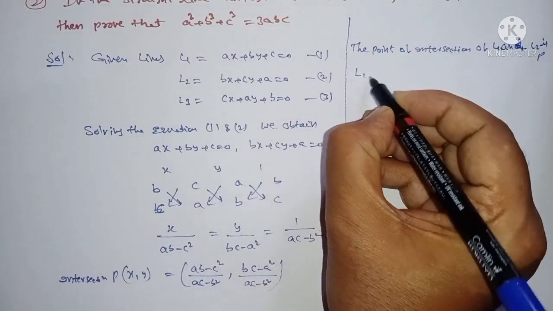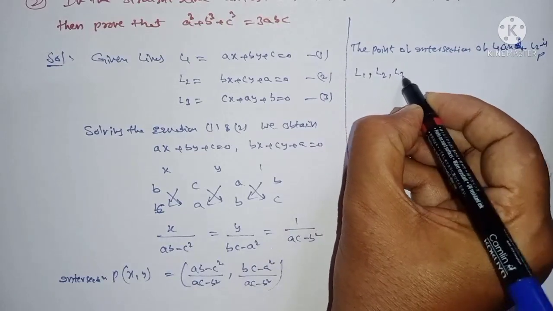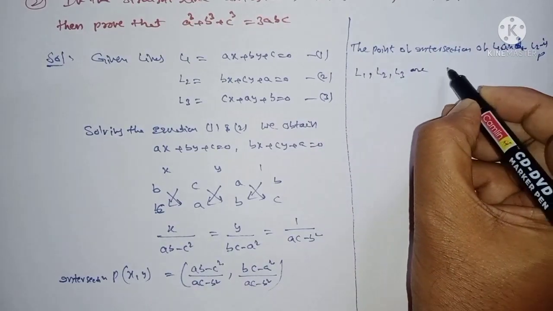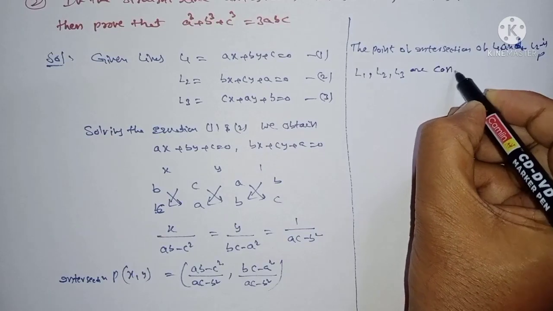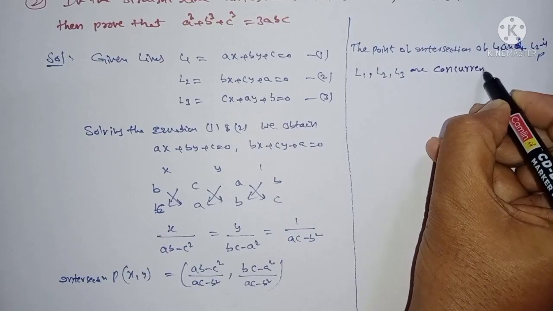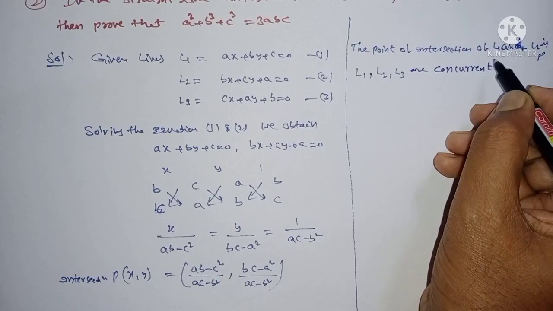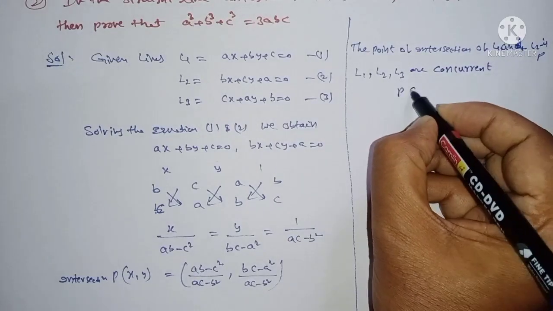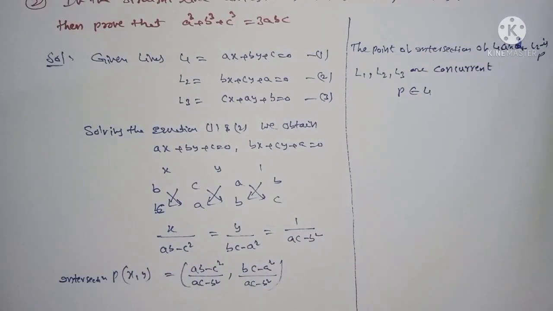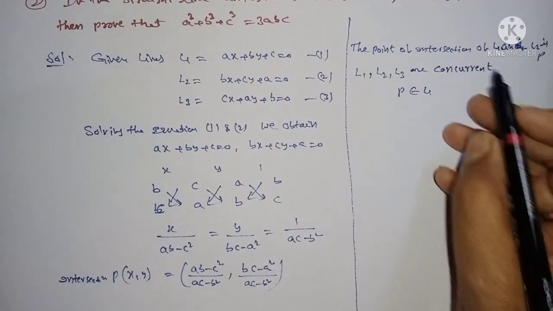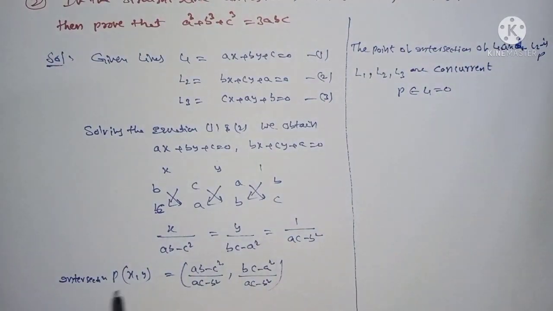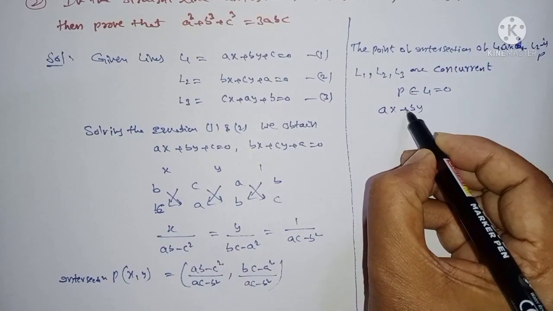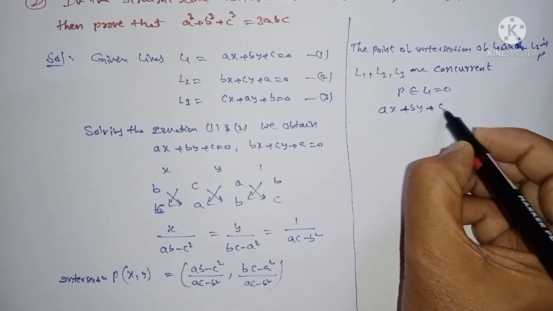L1, L2 and L3 are concurrent, as given here. Then what is the condition? Point P belongs to L1 only, so L1 at P is equal to 0. L1 is ax plus by plus c is equal to 0.